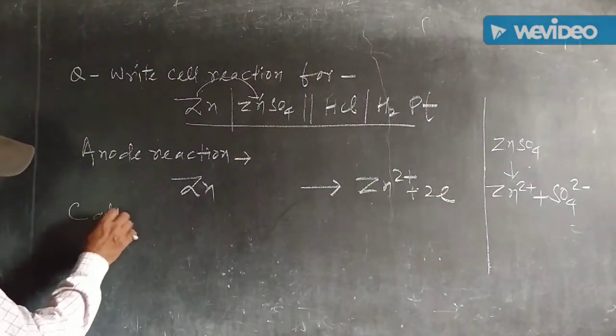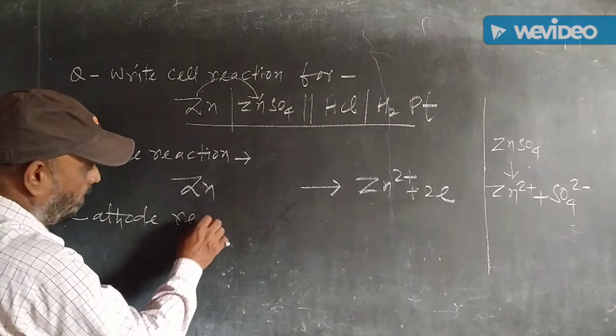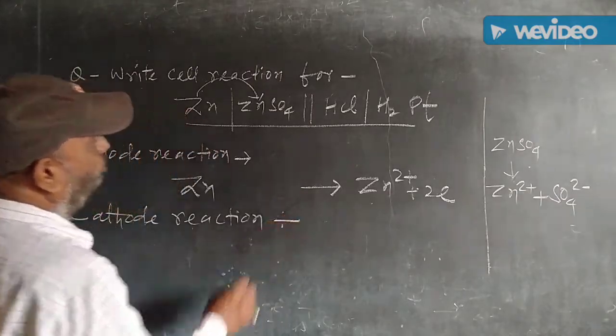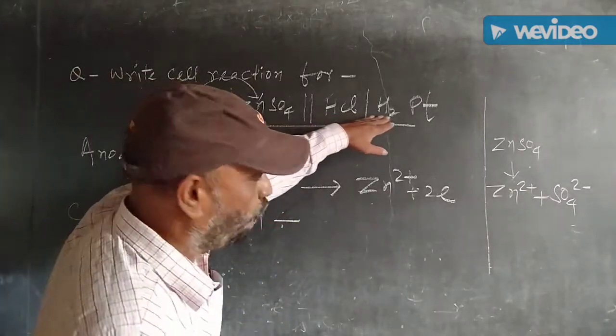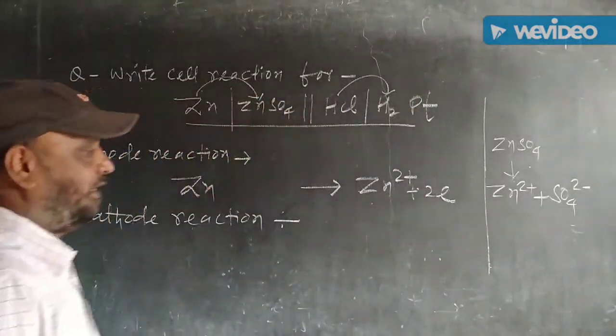Cathode reaction. What happened on the cathode? HCl changes to H2. That is the cathode reaction.